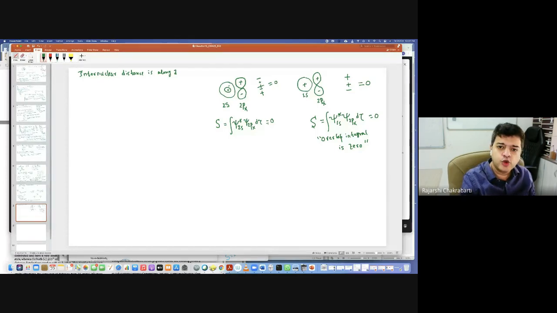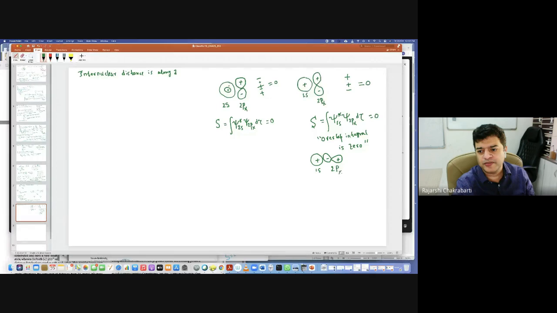What about 2s and 2pz? Again, if you ask 2s and 2pz, most people will draw 1s and 2pz. So let us do 1s and 2pz first. This is 1s, 2pz, you remember? This plus is on your right.